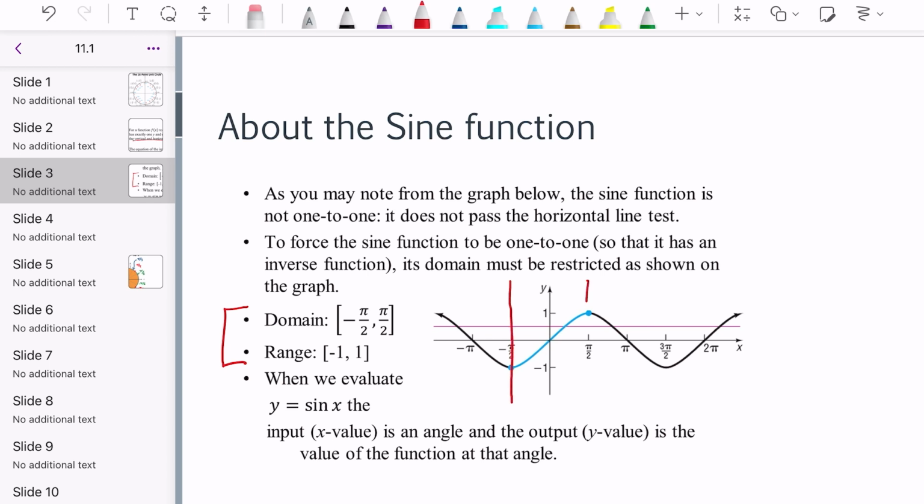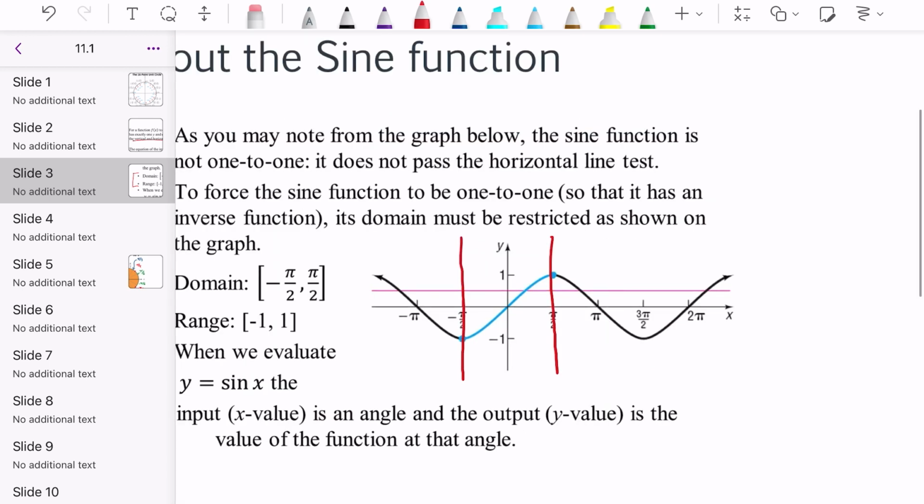And once we narrow down the view, it now provides an area where this function can pass not only the vertical line test, but the horizontal line test as well. This also allows for us to have a one-to-one function once we've restricted down the graph.